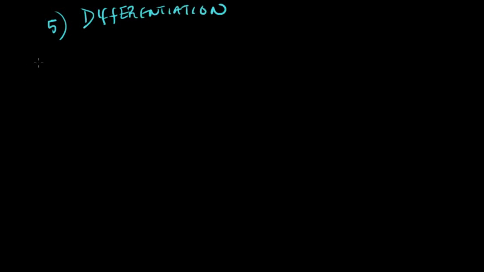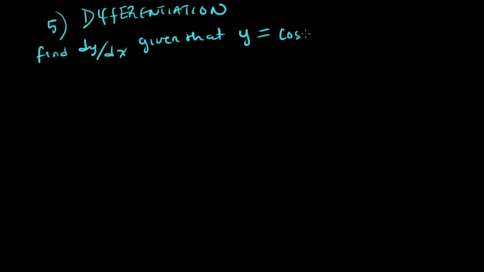To introduce us to differentiation, we are going to find dy by dx, given that y is equal to cos 3x plus exponential 2x plus ln cos x.